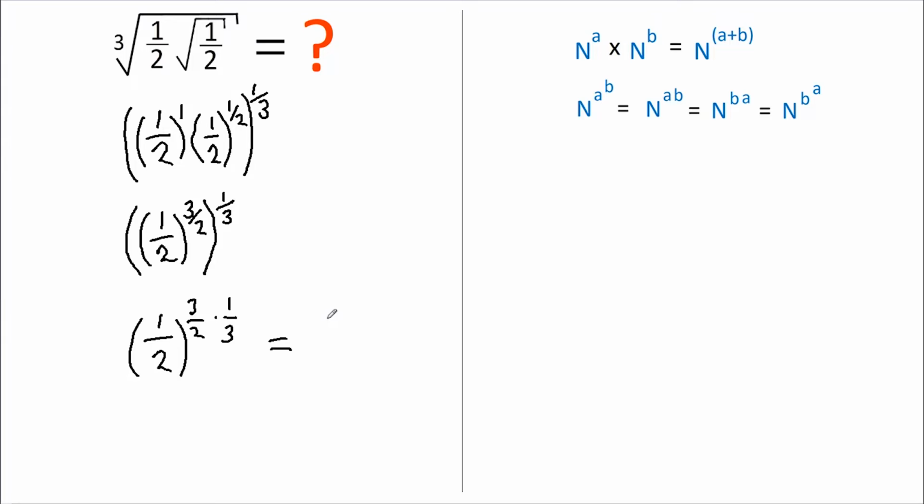This equals 1/2 to the power of, well, the 3's cancel, so it just becomes 1/2. So it's a half to the power of a half. And as half means square root, we can rewrite this as the square root of a half. And that's the answer.